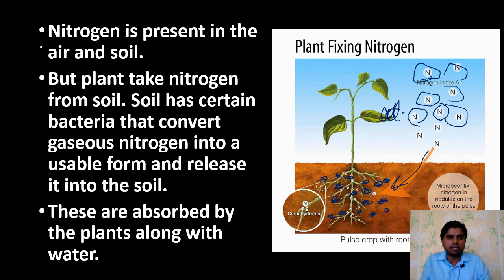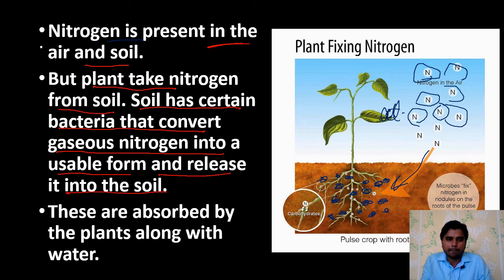Okay, so see here, student, the nitrogen is present in the air and soil, but the plant takes nitrogen from soil. Soil has certain bacteria that convert gaseous nitrogen into usable form and release it into the soil. Is it clear to everyone? They are absorbed by the plant along with water.